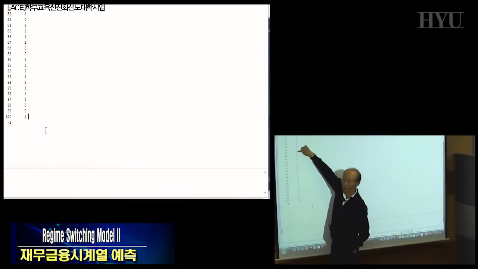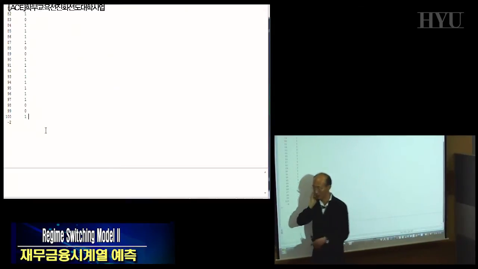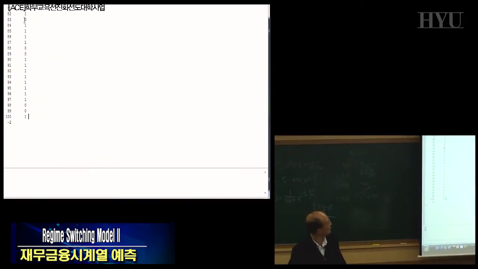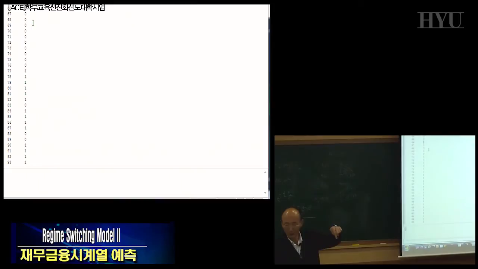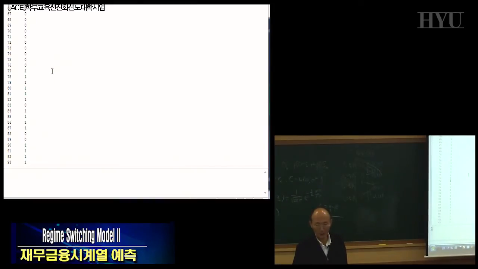Stayed, switched, and switched again, and stayed, switched, stayed, switched, stayed, and switched. This particular realization. So if the state happened to be 0, we have mean value beta 0. If the state happened to be 1, then you have mean beta 1, right? So it's switching this way, okay?